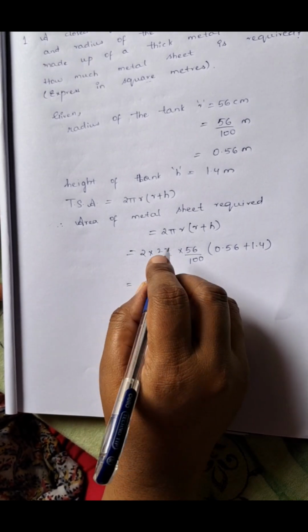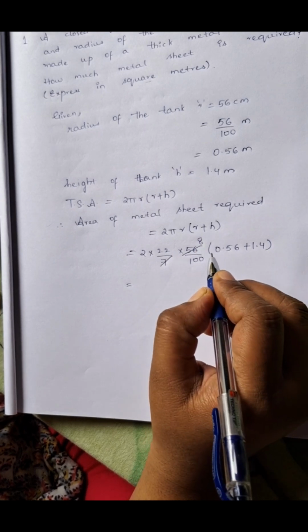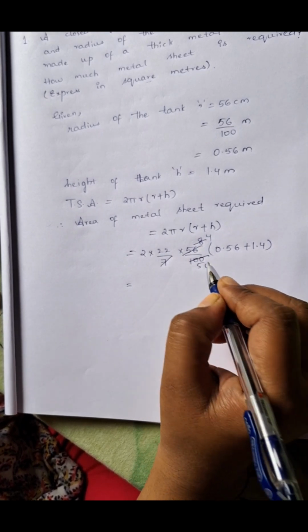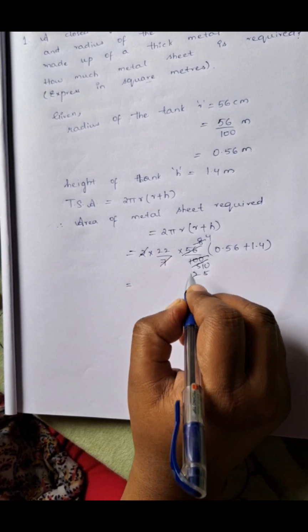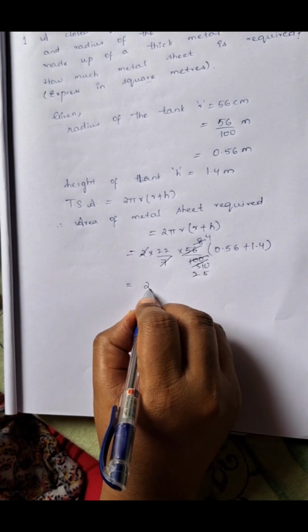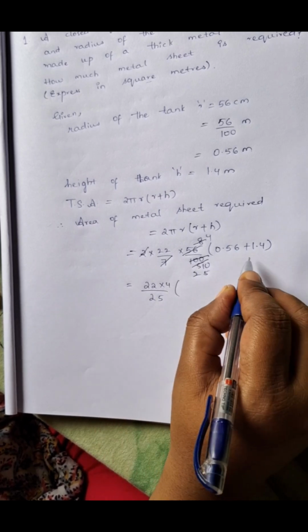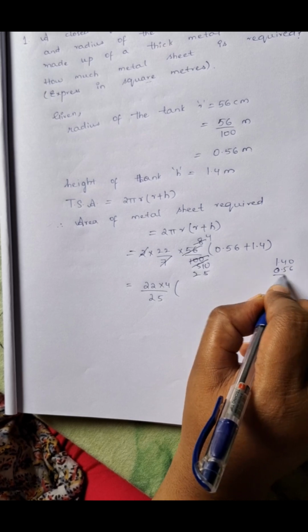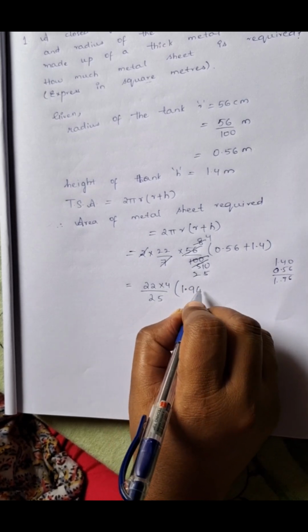7 1s are 7, 7 8s are 56, 2 4s are 8, 2 5s are 10, 0. 2 1s are 2, 2 2s are 4, 2 5s are 10. So this will be 22 into 4 by 25, into 0.56 plus 1.40, which is 1.96.